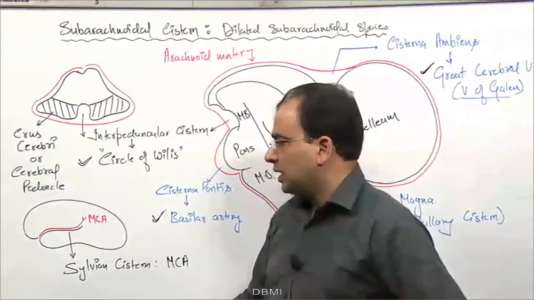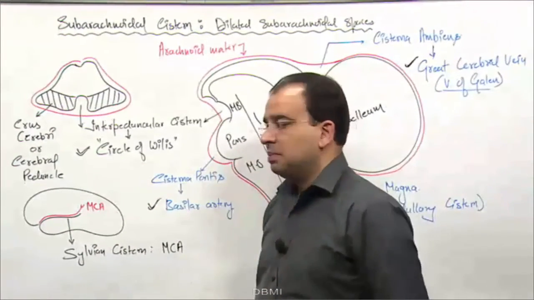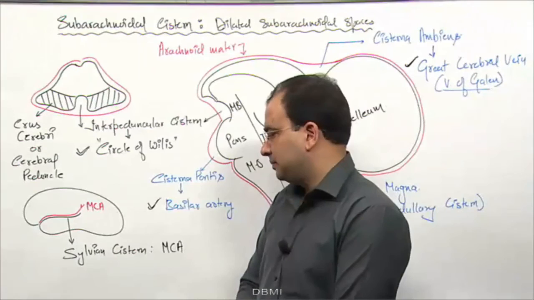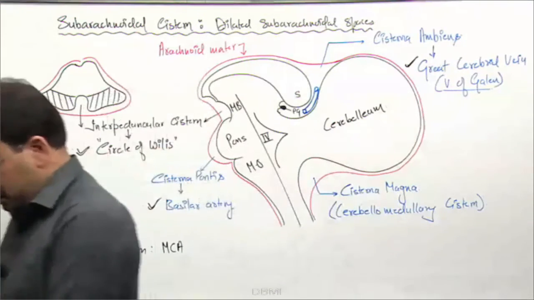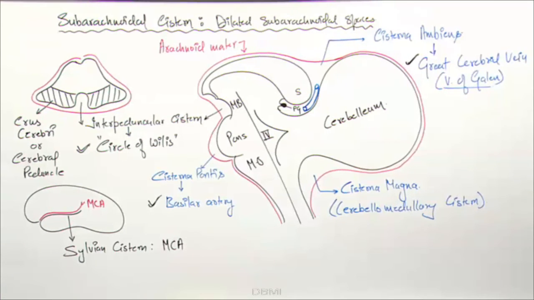And what is running over there? We have the major artery which is supplying the superior lateral surface, that is the middle cerebral artery. So this is about the major subarachnoid cisterns and their contents.